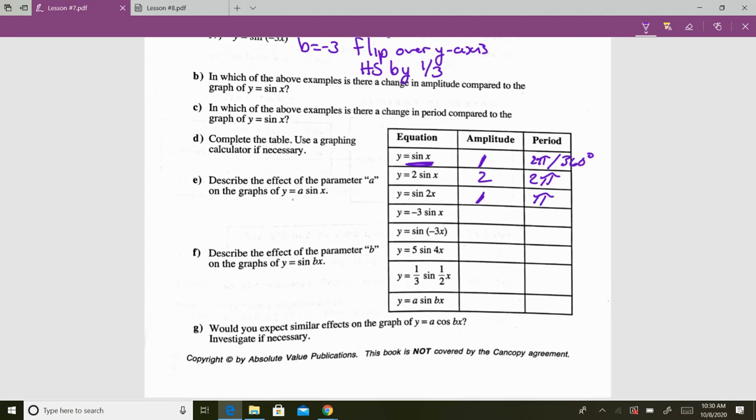Okay. -3. What's my amplitude? Okay, what does the negative do? So if you flip it and stretch it, it'll look different.